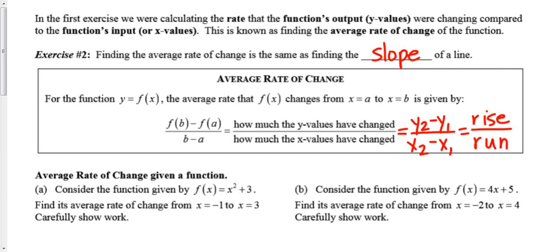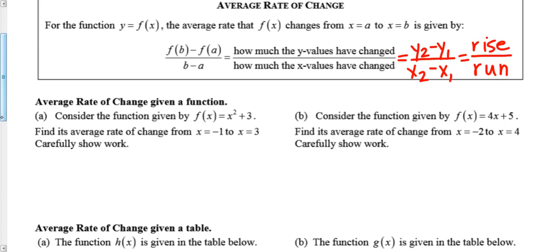So for part A, we're going to consider the function. Okay, so we are given an equation. F of x is equal to x squared plus 3. We're going to find its average rate of change from x equals -1 to x equals 3. Okay, we're going to carefully show our work. So we know that the x values are going to change from -1 to 3.